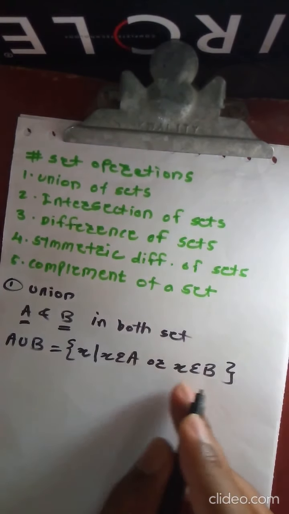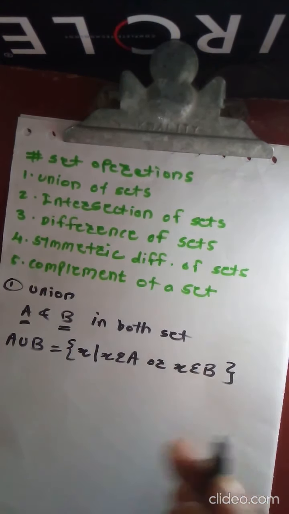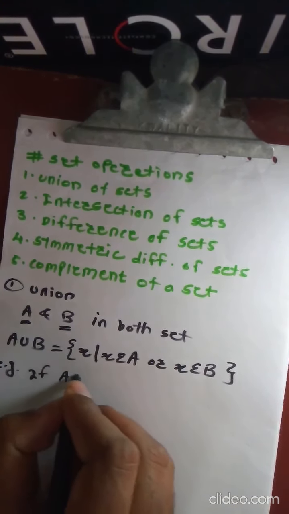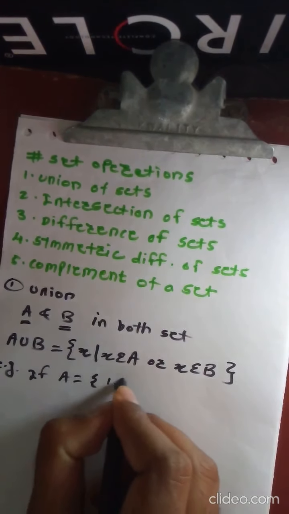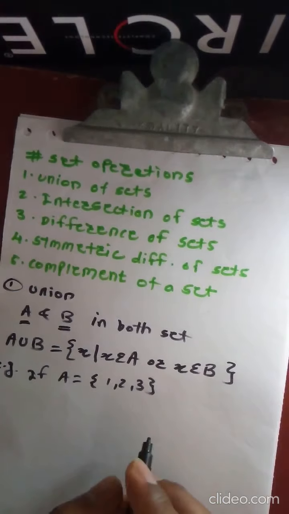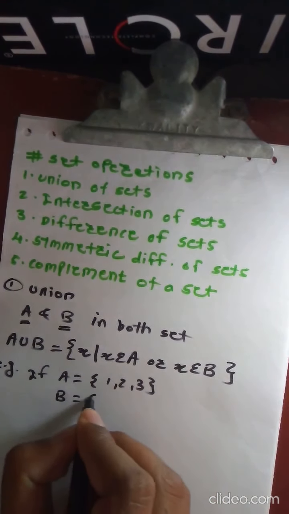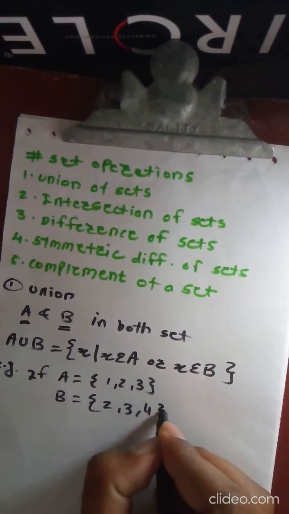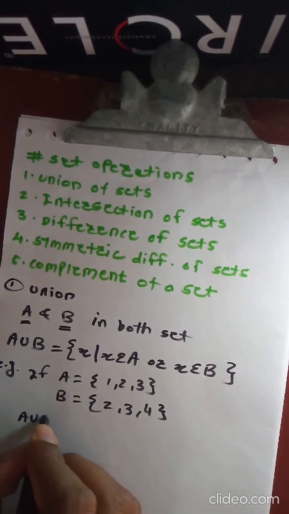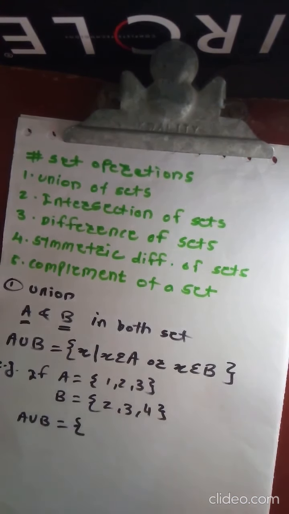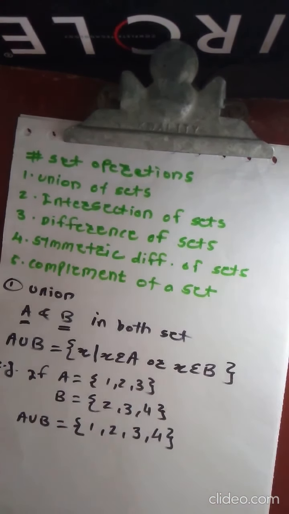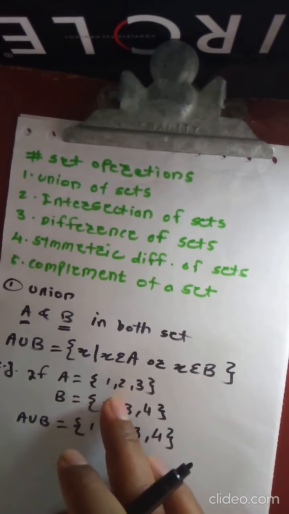Example, for example, if A is equal to 1, 2, 3 and B is equal to 2, 3, 4, then A union B is equal to 1, 2, 3, 4, right? That is the collection of all the elements from both sets.